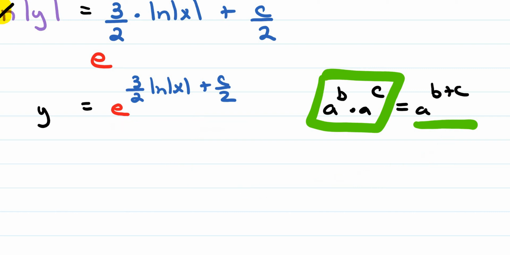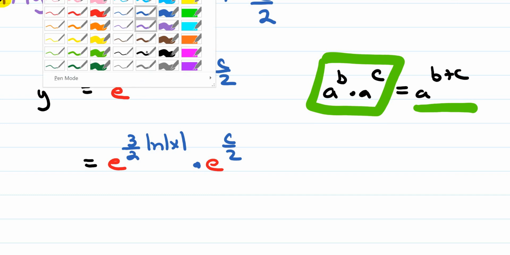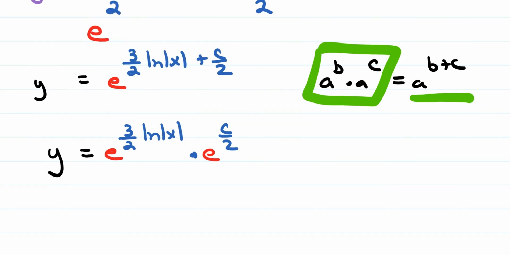Okay, so that step's been kind of similar for the last few problems here. So let's go ahead and continue the steps here. That'll be e to the power of 3 over 2 ln absolute value of x, and then times e to the power of c over 2. And that's going to equal y on the left-hand side.